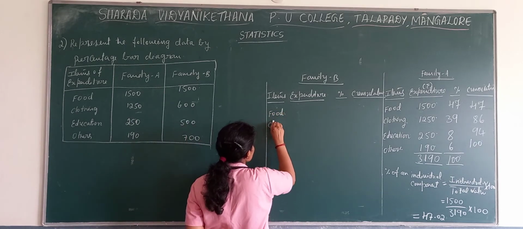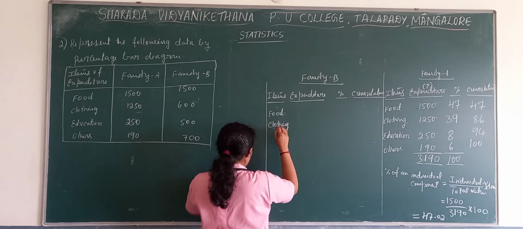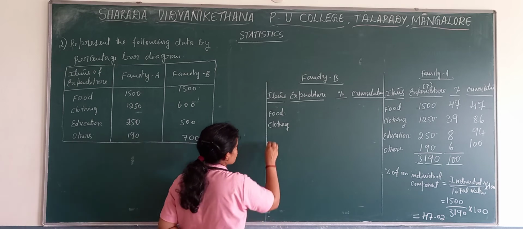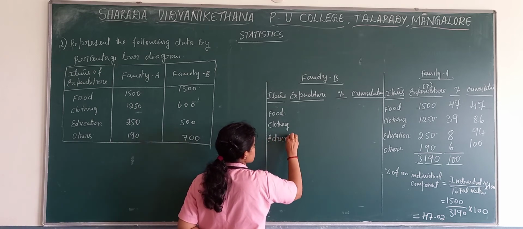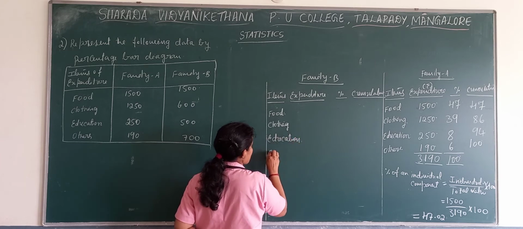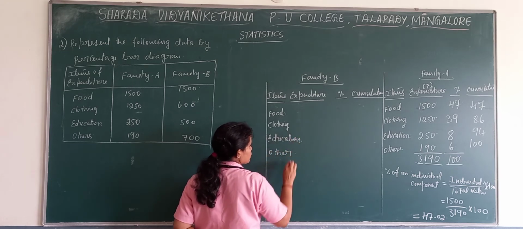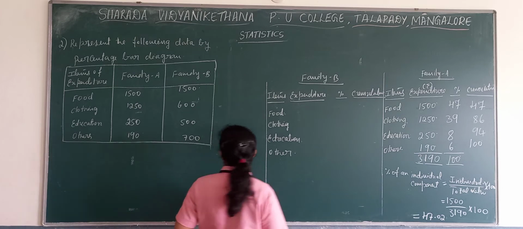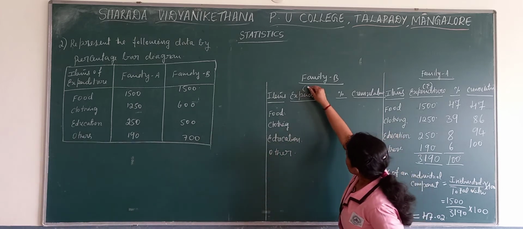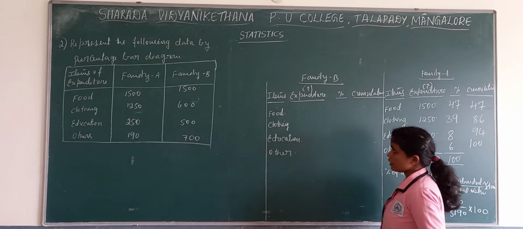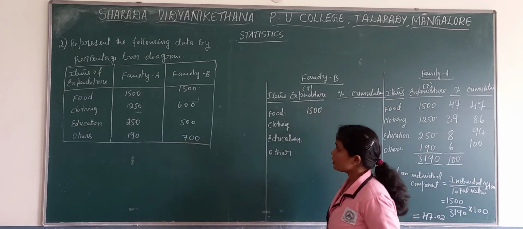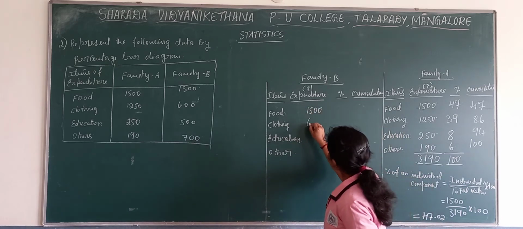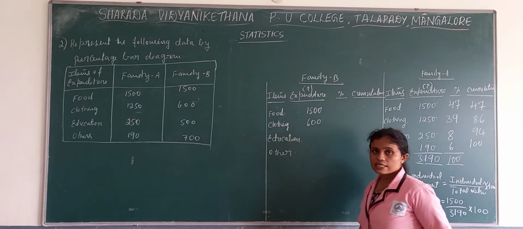Food, clothing, education, then others. Now, what is the expenditure in rupees? Now write there. Food, there 1,500, and clothing it is 600.